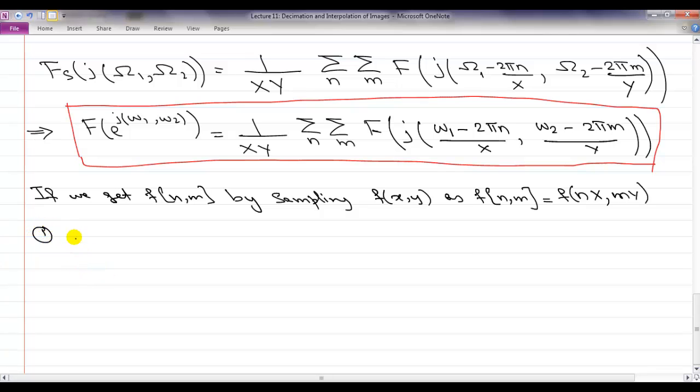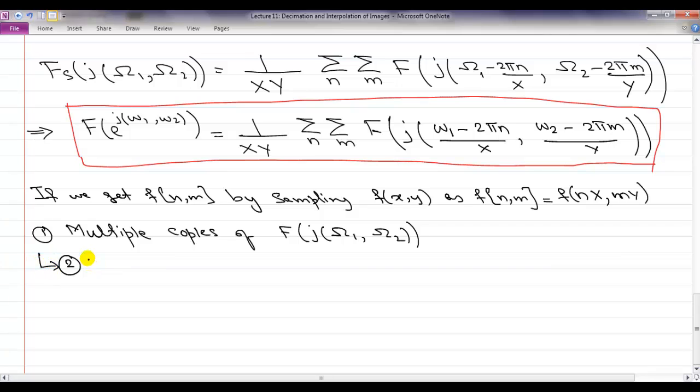Number one, we get multiple copies of F(jω1, ω2). These multiple copies are reflected through the double summation over n and m. Now, each copy, first of all, has its amplitude scaled by 1 over XY.